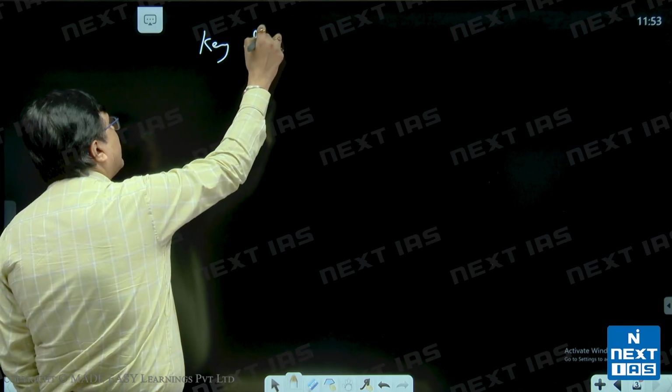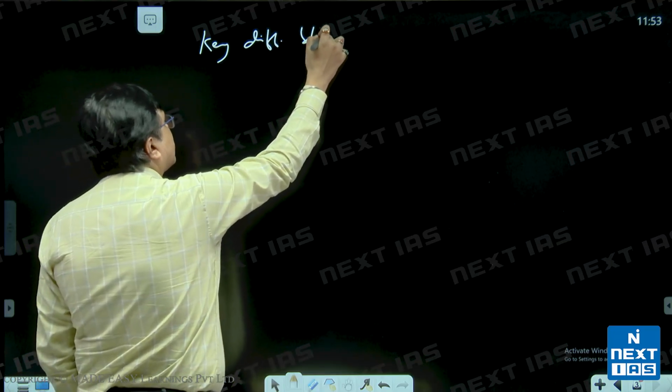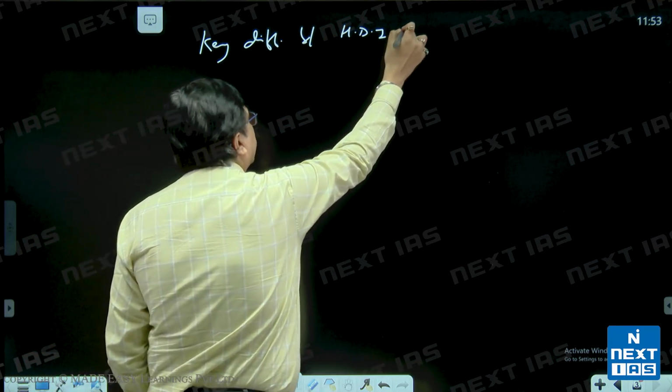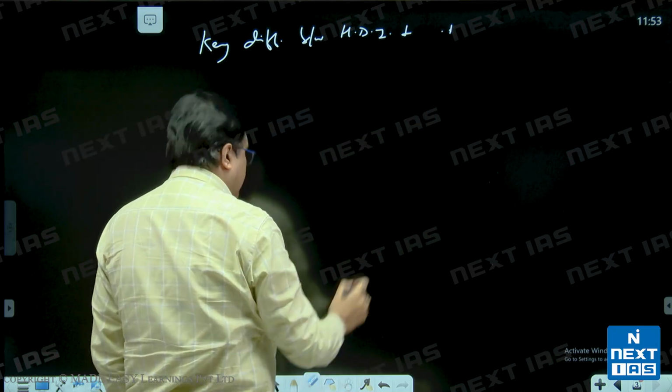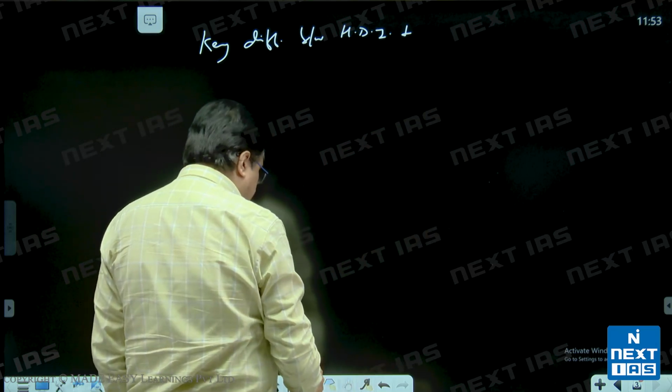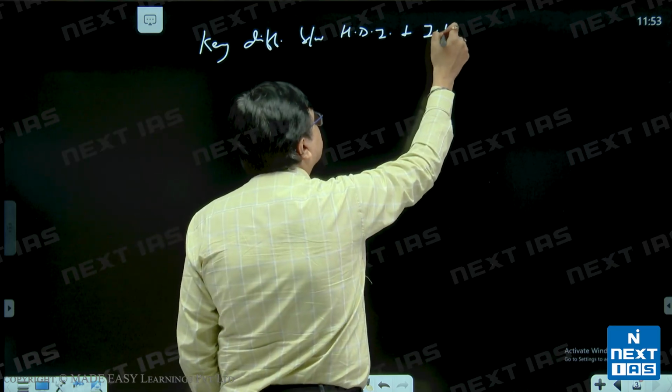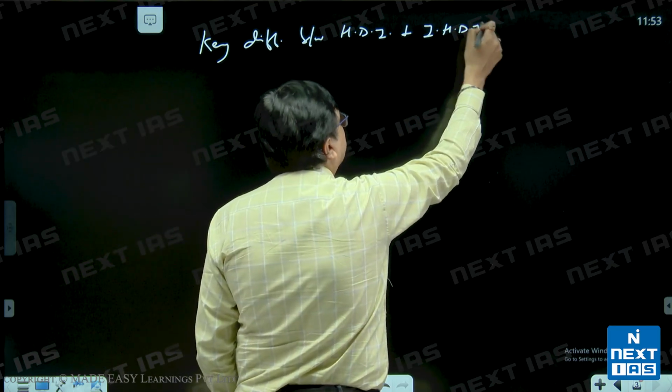So key differences between HDI and inequality adjusted HDI.